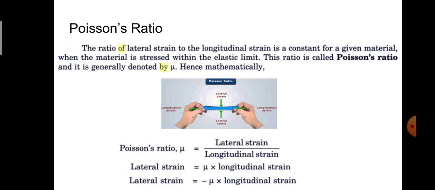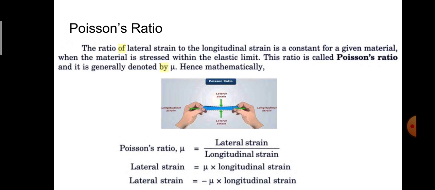So the negative Poisson's ratio suggests that the material will exhibit positive strain in the transverse direction, even though the longitudinal strain is positive as well.